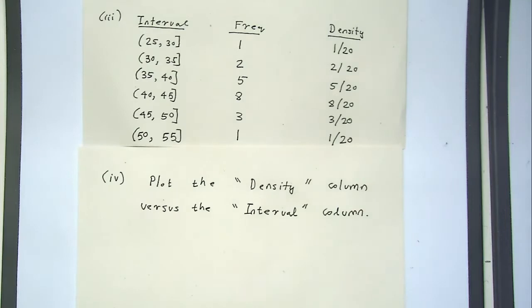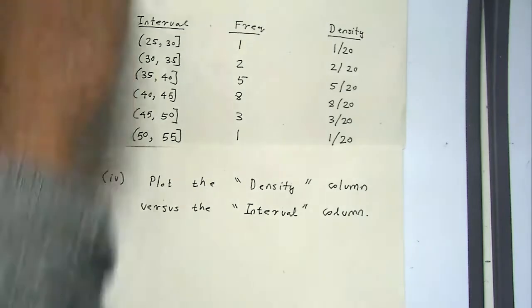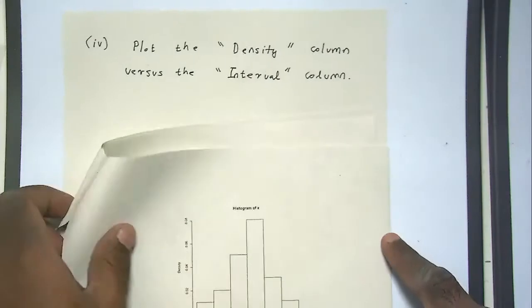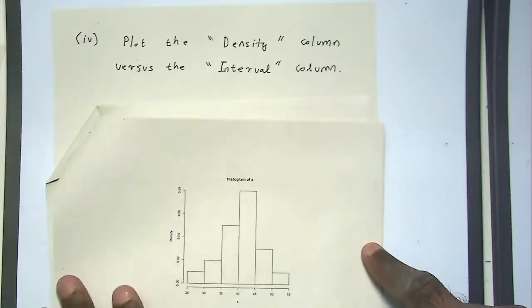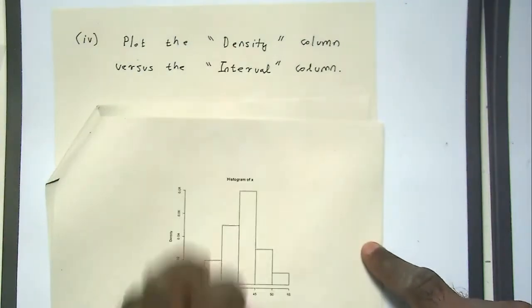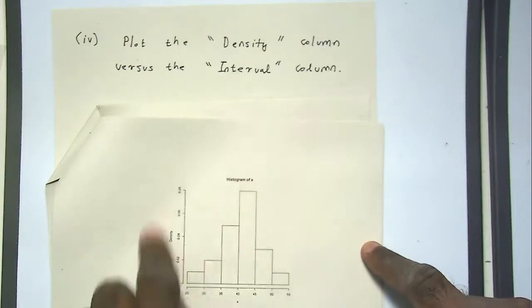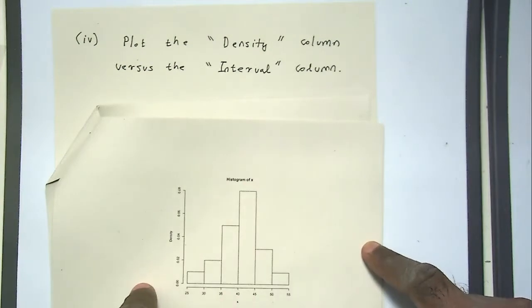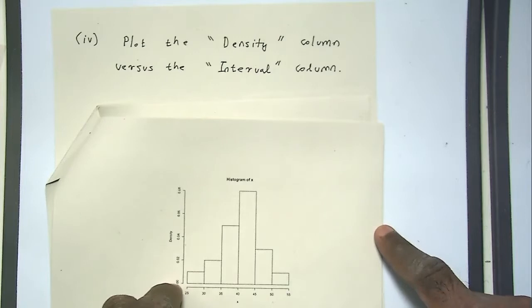Right, you just plot the density column versus the interval column to get part 4. So that will produce what is known as the histogram. Okay, and it will look something like this. I'm just too lazy to draw anything. Obviously, I don't want to draw it because it will take me ages, right?